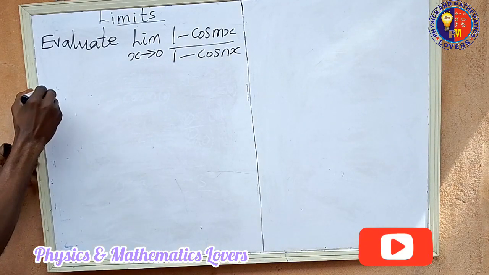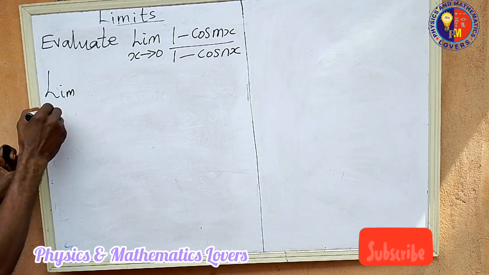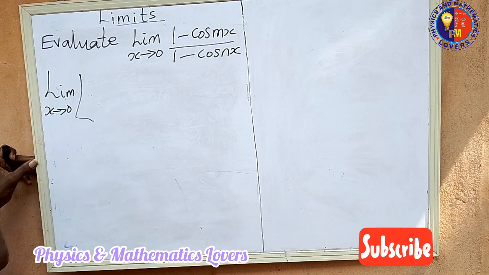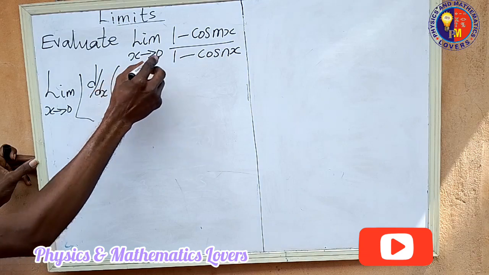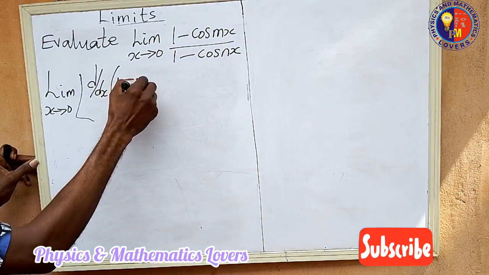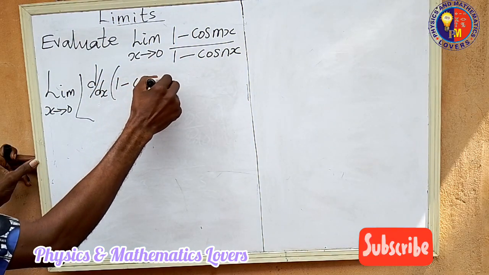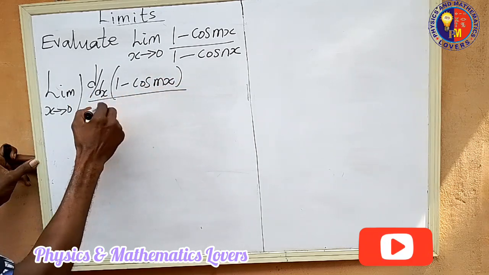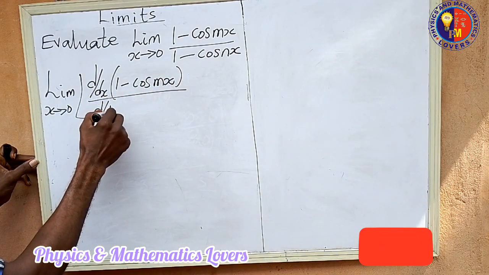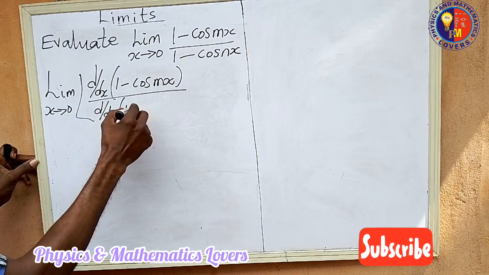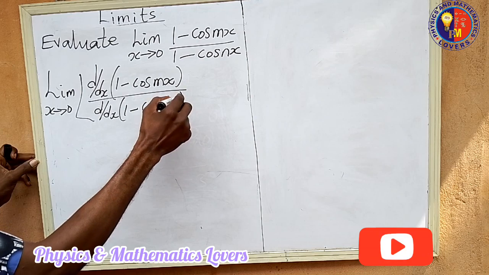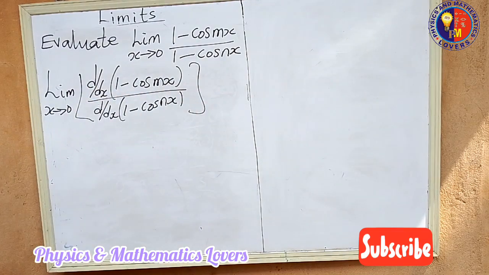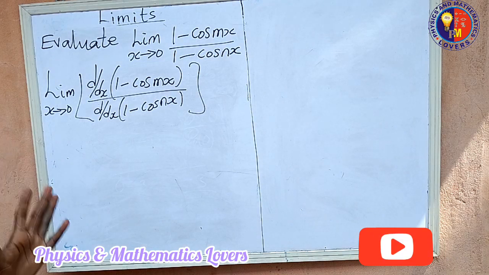Which means I am going to have my limit function as x tends to 0, differentiating with respect to x of 1 minus cos mx, then all over the differential coefficient of the denominator, 1 minus cos nx. So doing this, we are going to arrive at a very good answer.